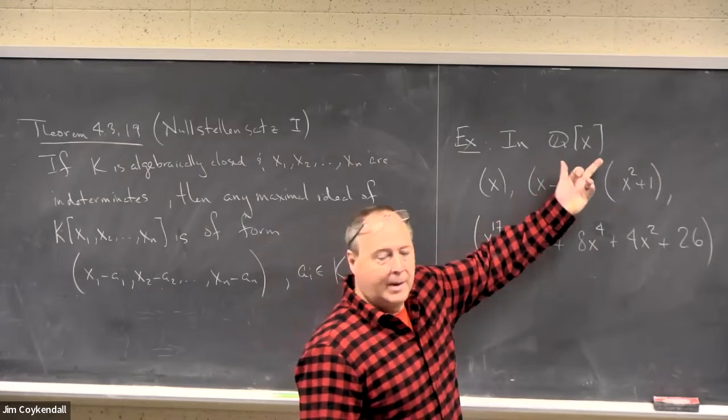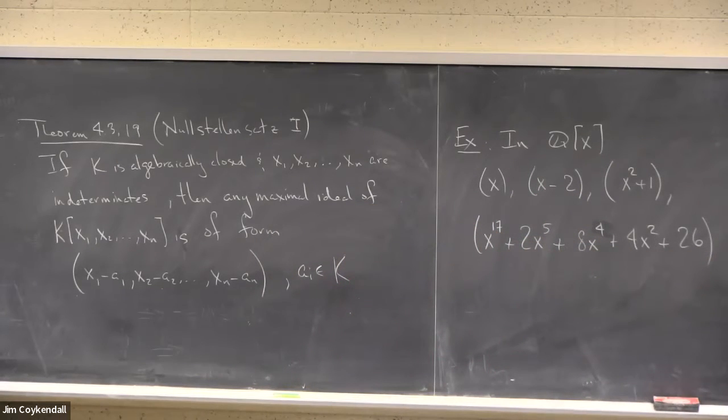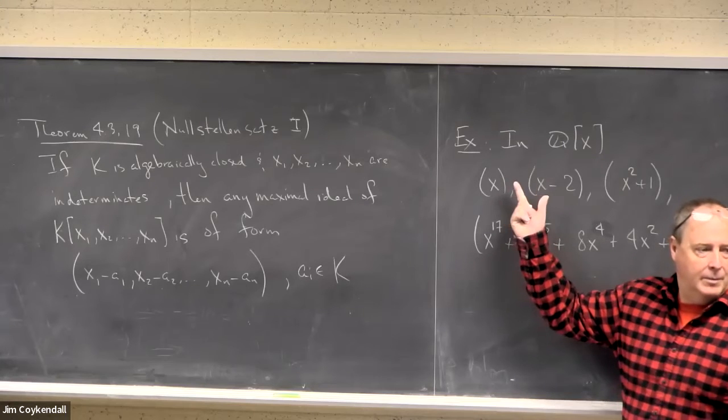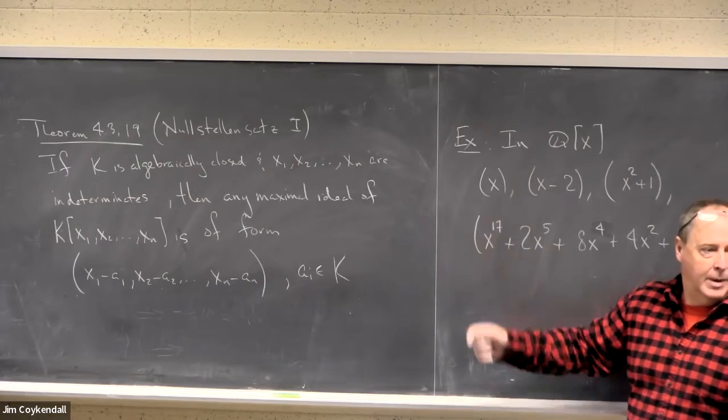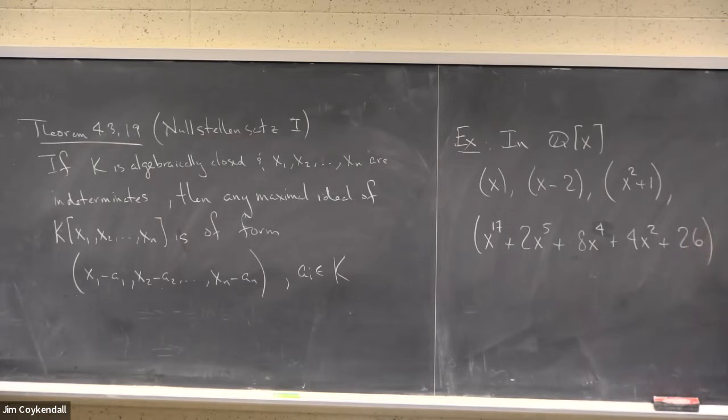Notice QX is a principal ideal domain, so I would expect all my ideals to be principal. But these are all examples of maximal ideals, and as you can see, very few of them are actually linear polynomials, right? By the way, how did I know this one was irreducible? That's right, it's an Eisenstein polynomial.